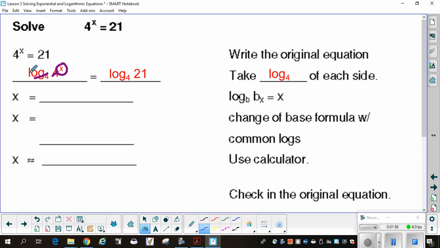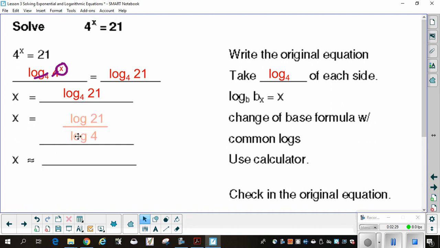So essentially, the log base 4 with the base 4 raised to the x cancels those and drops down just to the x. Now, I have that equal to log base 4 of 21. I don't know exactly what that is, okay? I know it's going to be 2 point something because 4 squared is 16 and 4 cubed is 64. I don't know the exact value, but I can find it using a calculator, okay?